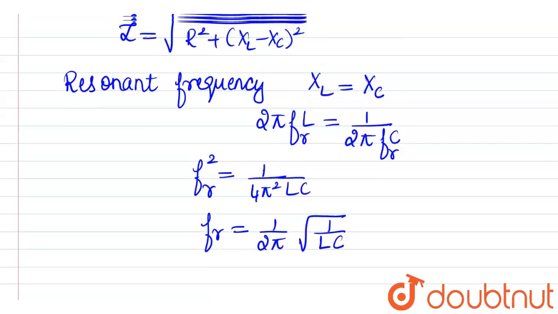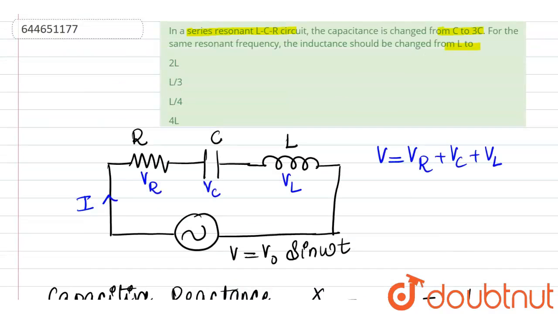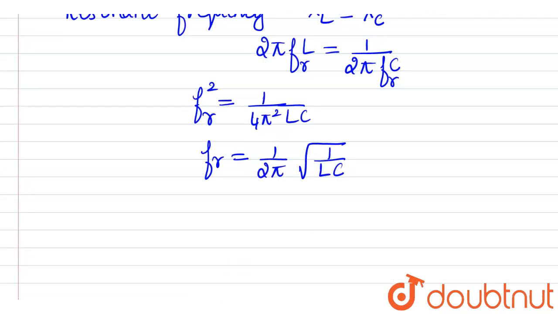Now in the given question, they say that in the series LCR circuit, capacitance is changed from C to 3C. What should L be changed to such that frequency remains the same?